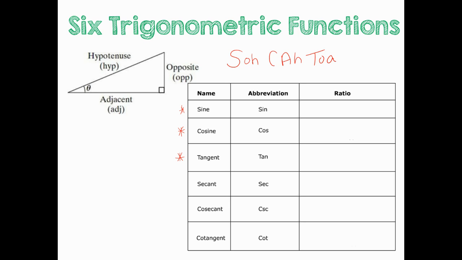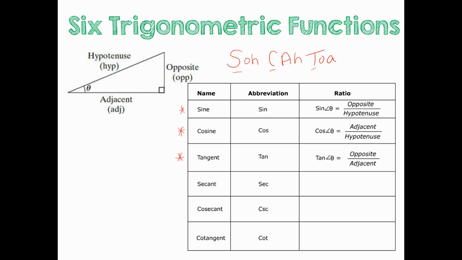All that means is that for sine, we have opposite over hypotenuse. For cosine, we have adjacent over hypotenuse. And tangent is opposite over adjacent.